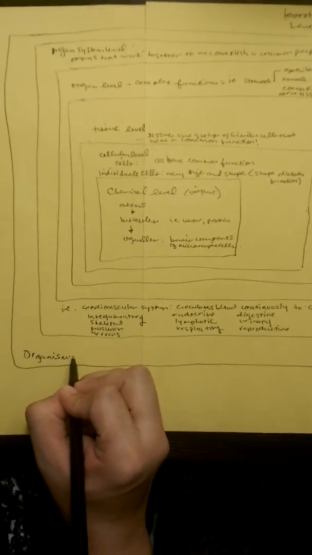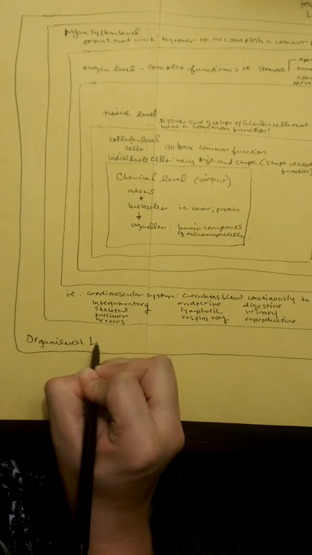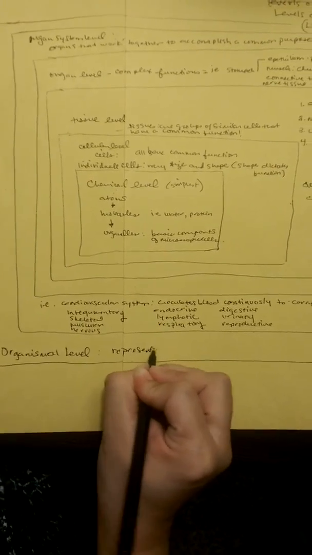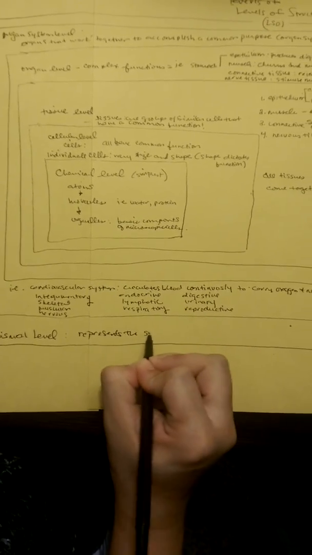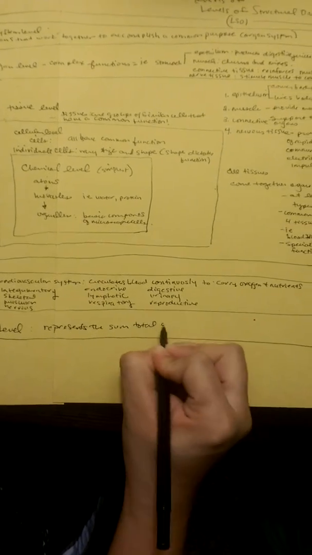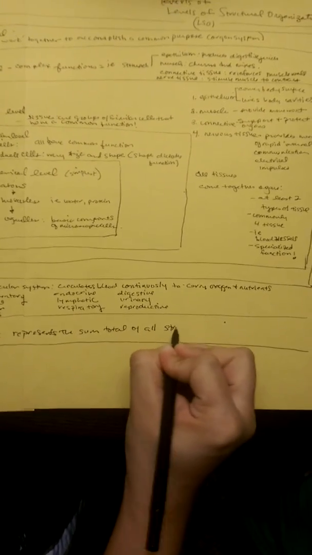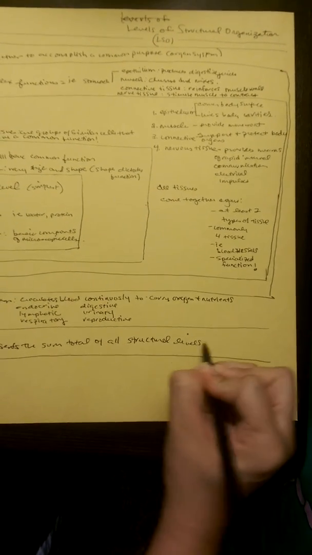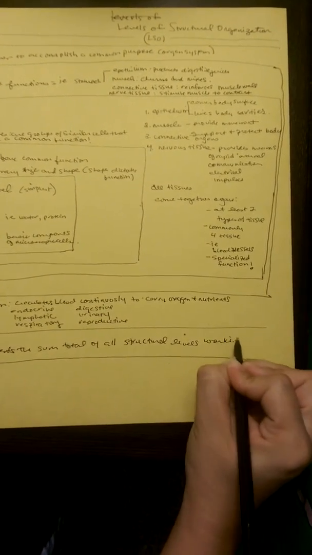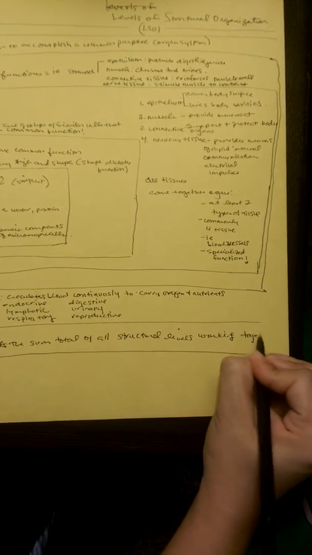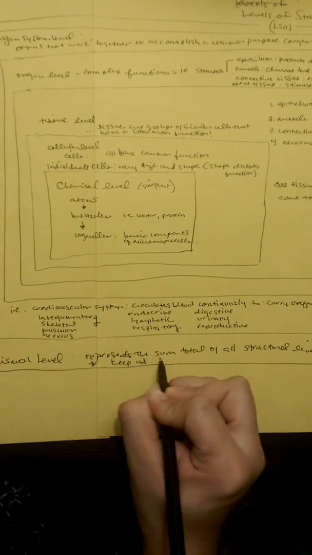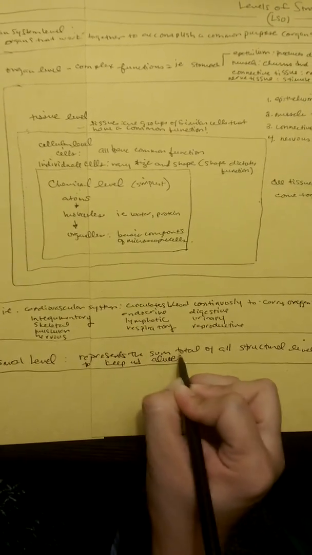The organismal level represents the sum total of all structural levels working together to keep us alive. Okay?